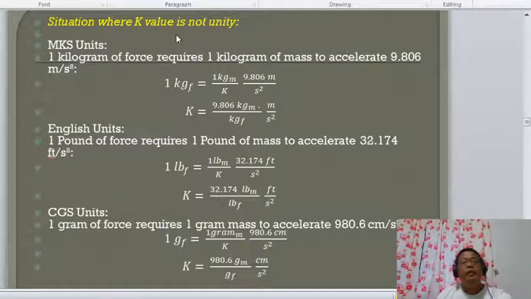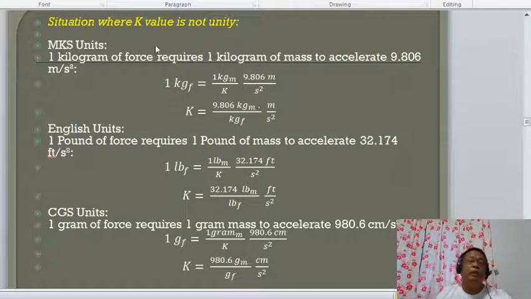And, of course, the mass is also in kilograms. So, by this time, the value of the constant of proportionality is no longer unity.